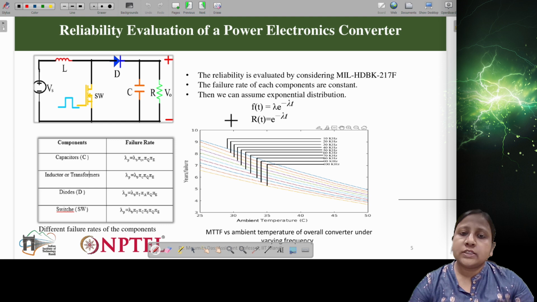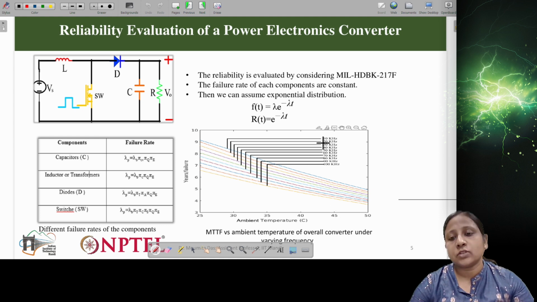Now this is considering the exponential distribution: f(t) equals epsilon e to the power minus epsilon t, and R(t) equals e to the power minus epsilon t. Ultimately, getting the failure rate of each component will give us the years to failure for this particular system considering different ambient temperatures.